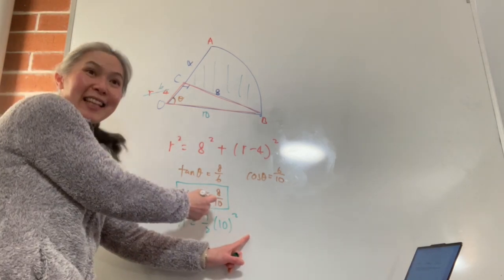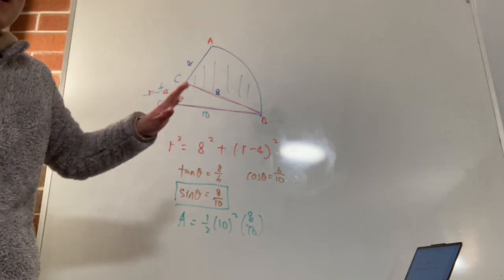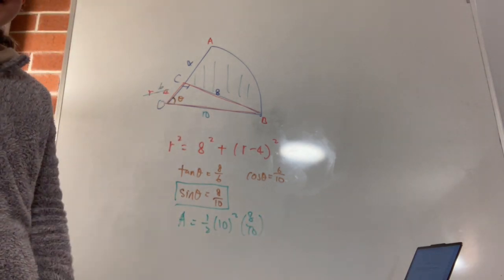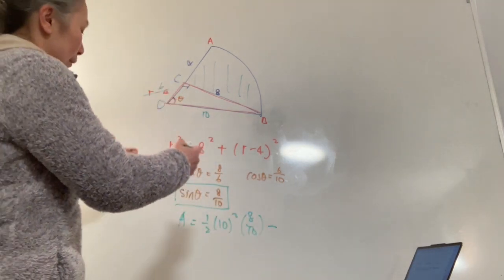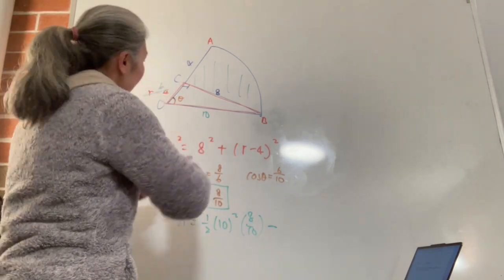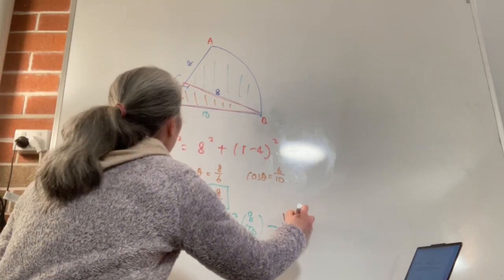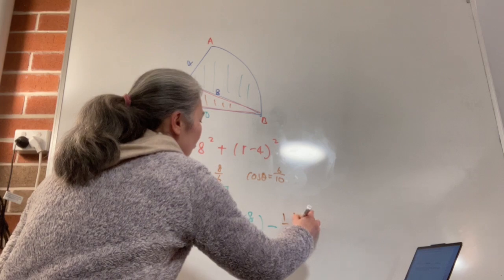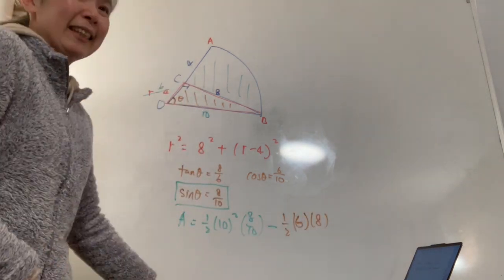And the sine theta is 8 on 10. Yeah, you can use that one straight away. I don't even have to find out the angle. Okay, and then minus the triangle, which is this one in here. So if you minus this triangle, a half base times height. So a half base, which is your 6, times the height, which is your 8, a half base times height.